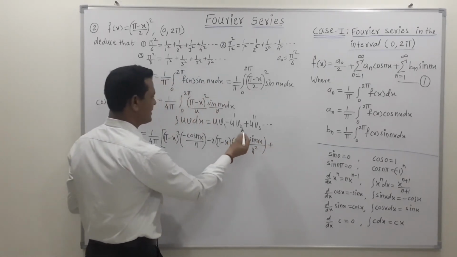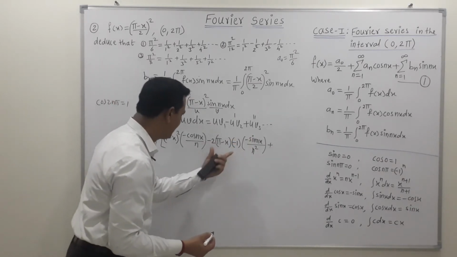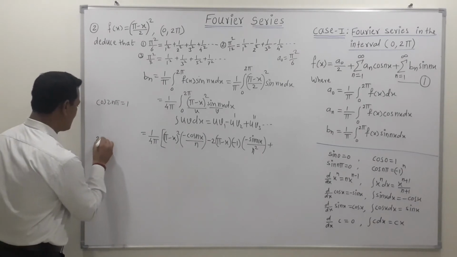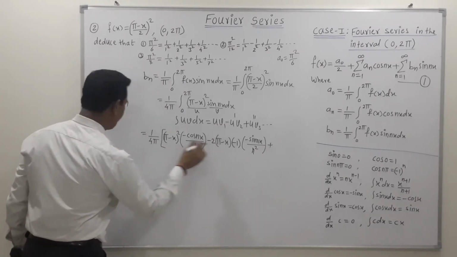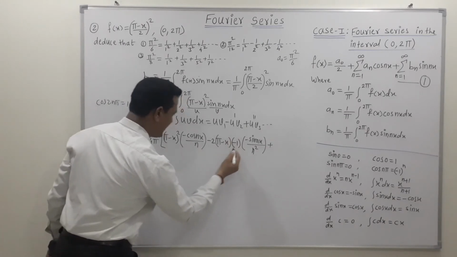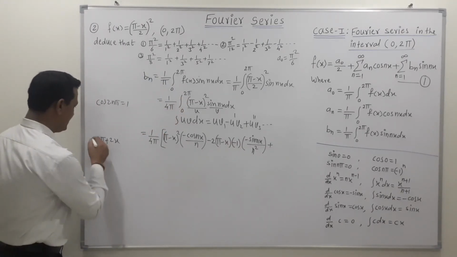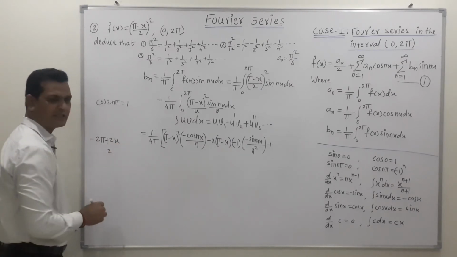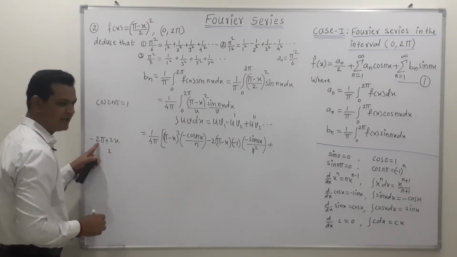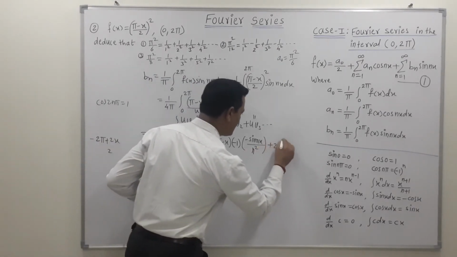Now next sign is plus, then derivative of this term. So first simplify this term. So this term is 2 into pi, so this is 2 pi minus 2x. Then after multiplying by this minus sign, we get this as minus and this as plus. Now if we take the derivative of this function with respect to x, then first term derivative is 0, second term derivative is 2, we get this as 2 times.